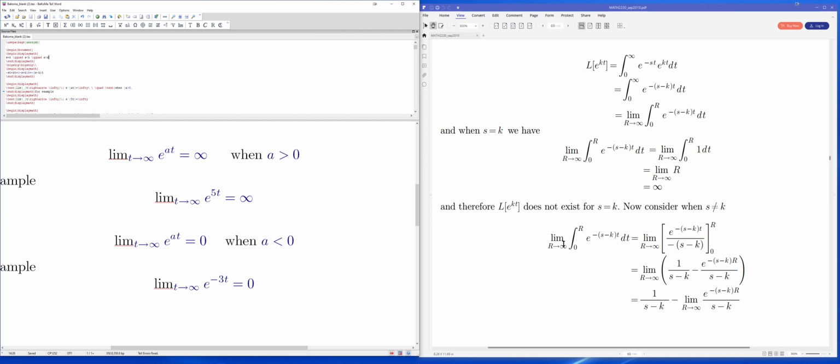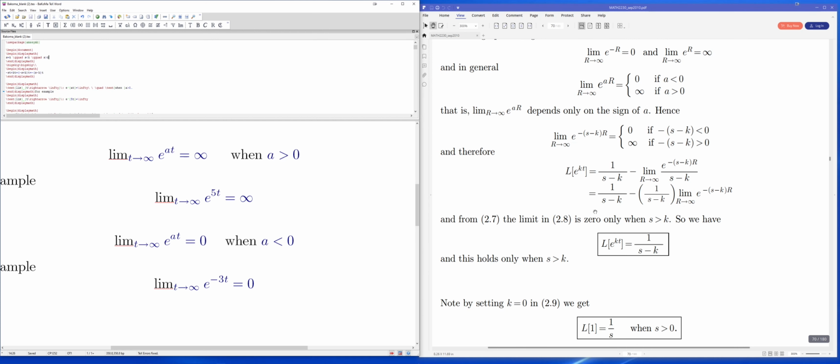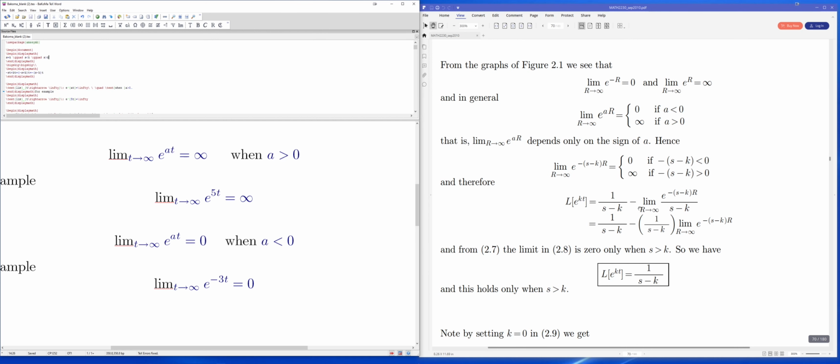So this limit as r goes to infinity is equal to this line. So Laplace of e to the kt is equal to 1 on s minus k, minus the limit as r goes to infinity of your exponential on s minus k. Now I want to focus on this limit here.